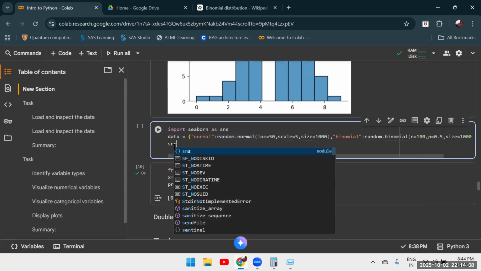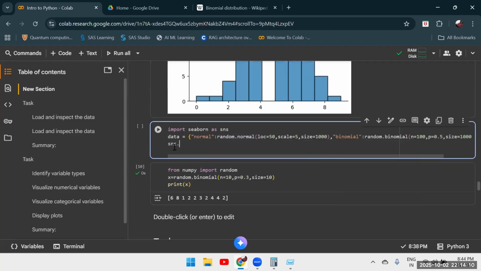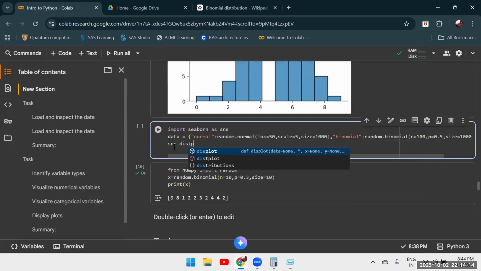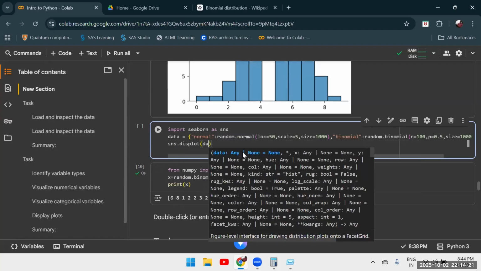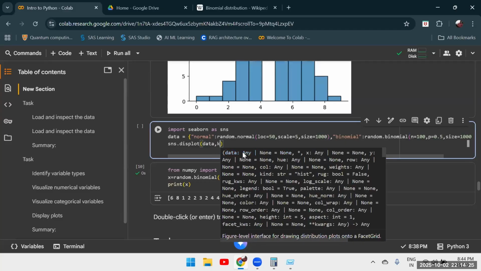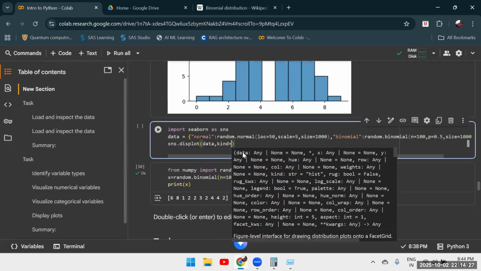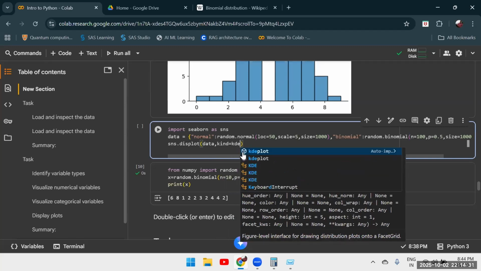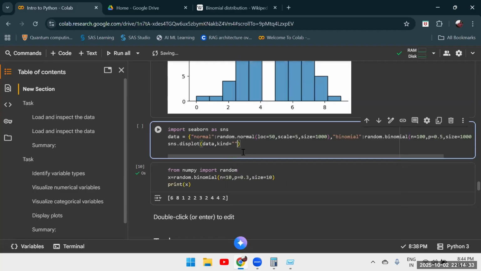We are going to use a distribution plot using sns. There is something called displot within sns. Here I'll say the data is going to be this, and what distribution I want. I wanted a normal distribution for this particular value, so I'll give kde in brackets.